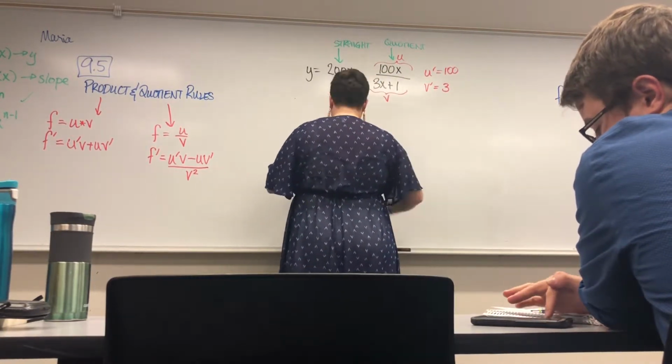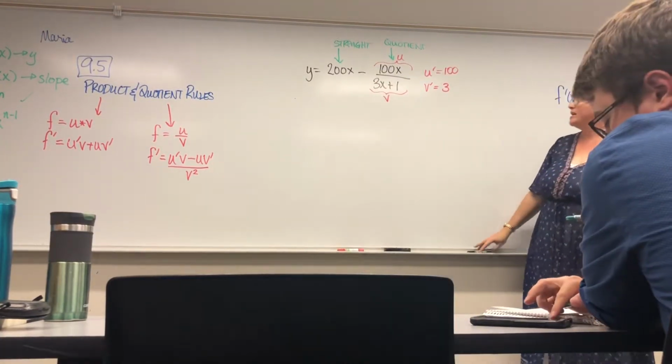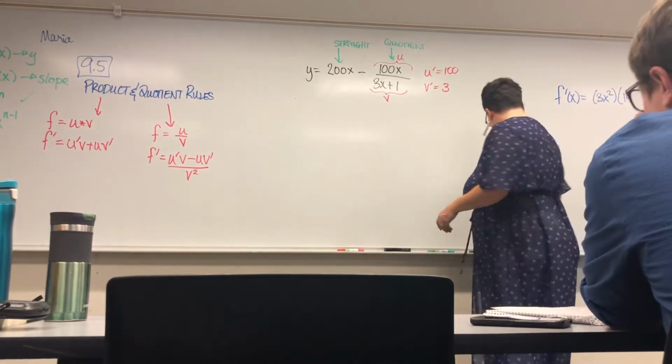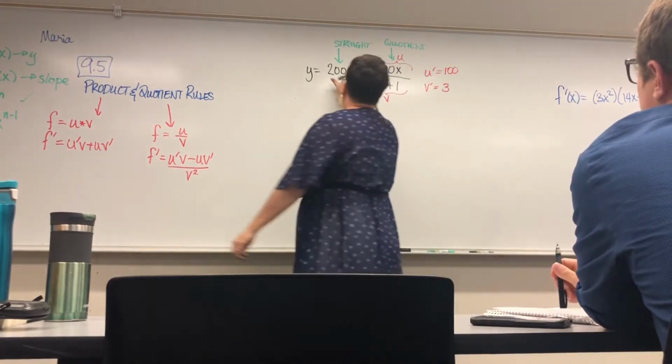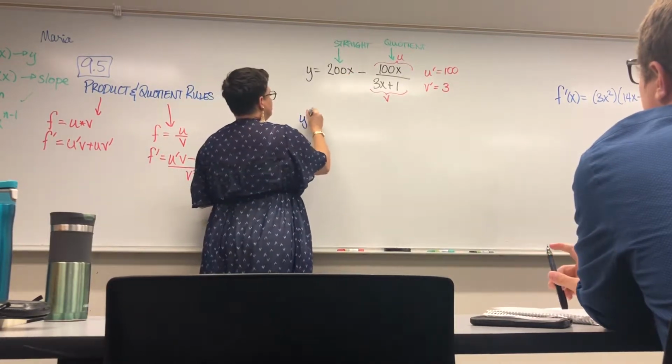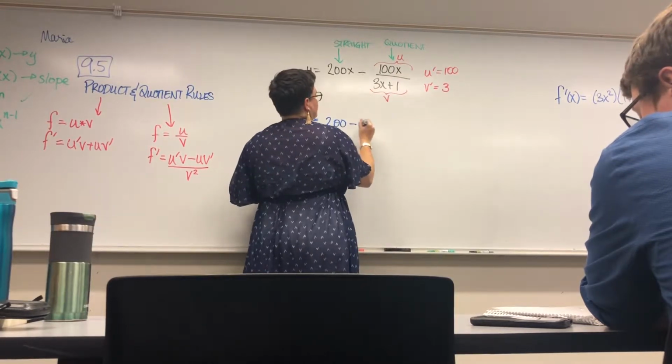So this is where the math gets a little tricky. Now we can go through and take the derivative. Now we can go term by term. What's the derivative of this term? 200. What's the derivative of this term?